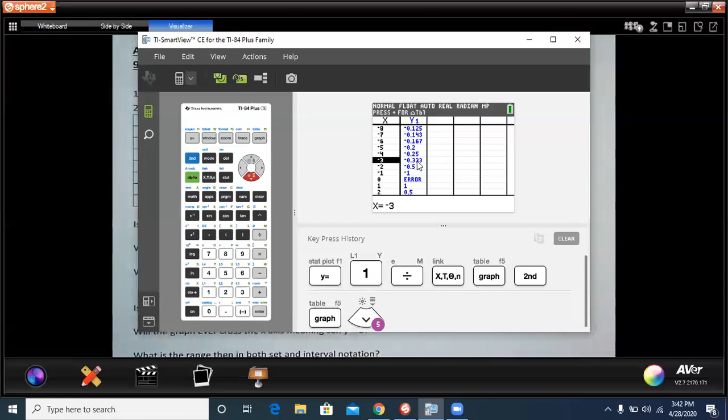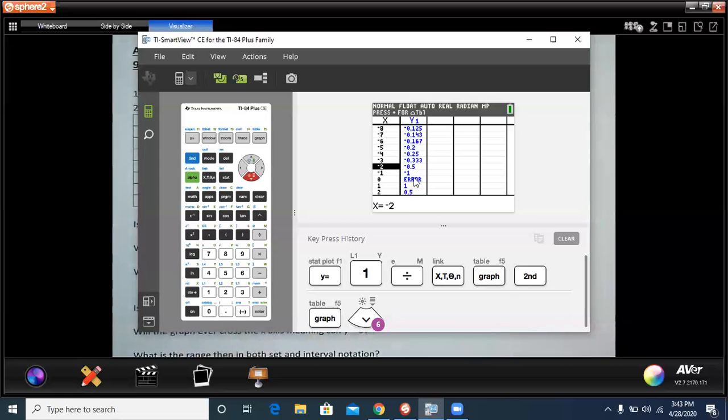All right, and then we have -2. So at -2, we're at -0.5, which is -1/2. And then at -1, we are at -1.